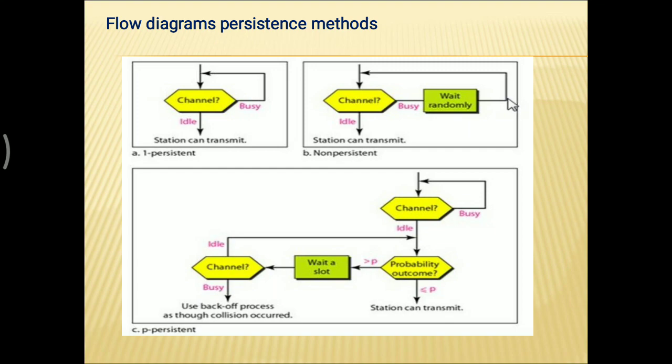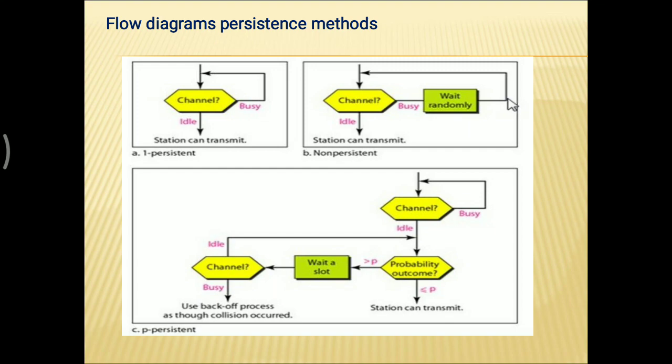Here, in the non-persistent method, it waits for a certain time period, whereas in p-persistent, it waits for time slots. It chooses random time intervals based upon the probability, defines the time slots up to greater than P, and checks the channel up to that P value only.